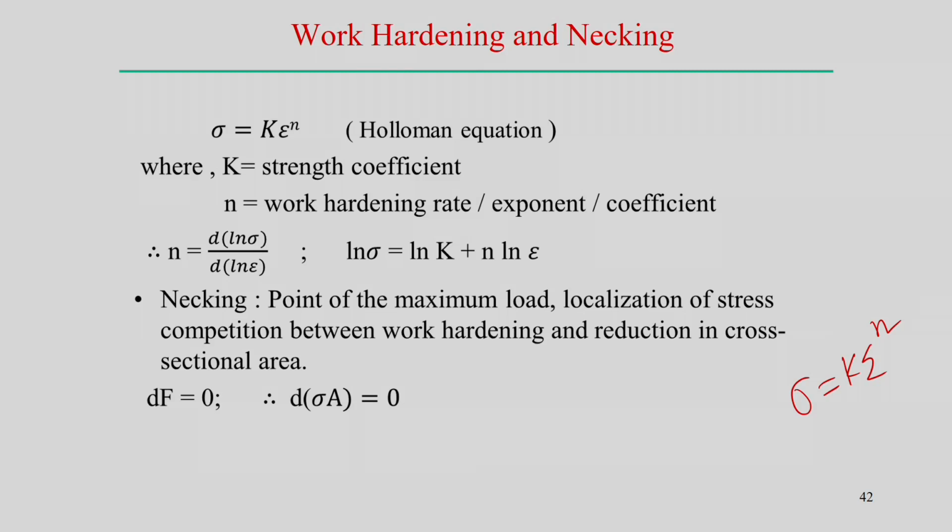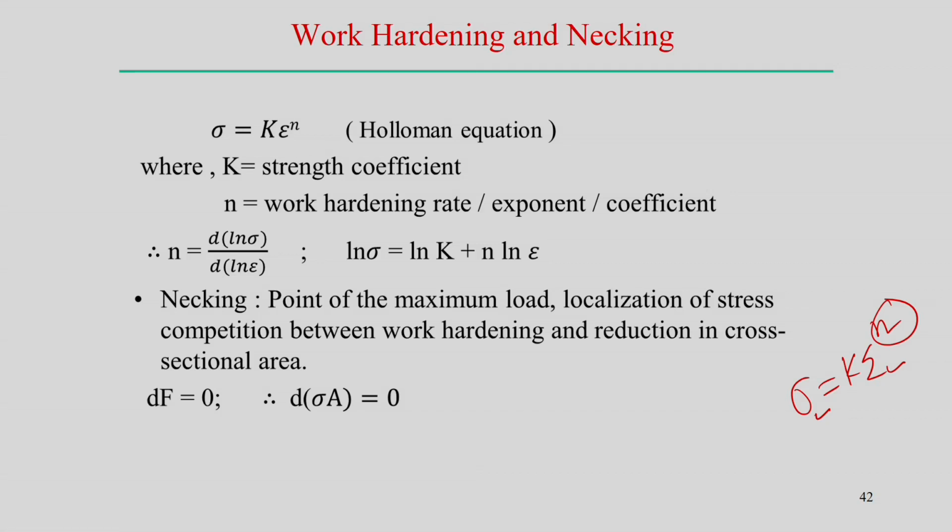This is called the Hollomon type of equation, which simply relates the one-dimensional stress to the one-dimensional strain. In a 3-dimensional situation, this is the equivalent stress and this is the equivalent strain, related in this form with a single value. Therefore, K is the strength coefficient and n normally represents the strain hardening or work hardening effect.